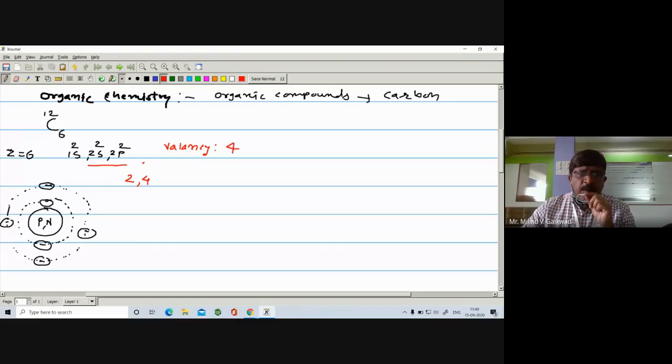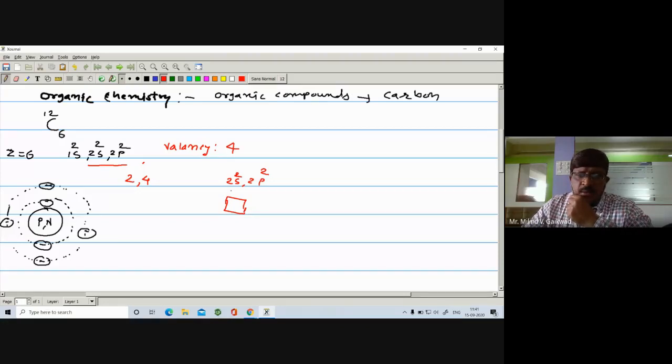Now let us see how this valency comes. The electronic configuration is 1s2, 2s2 and 2p2. To form a bond, the outermost orbit should have unpaired electrons. The outermost orbit of carbon is 2s2 and 2p2, and we can write it in a box diagram.